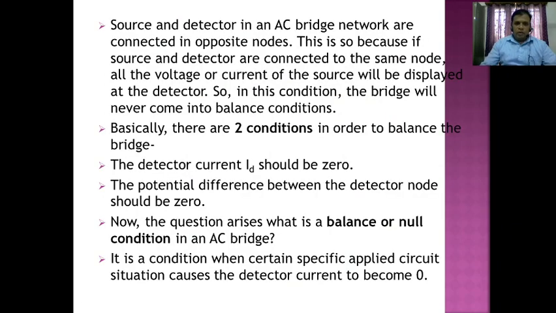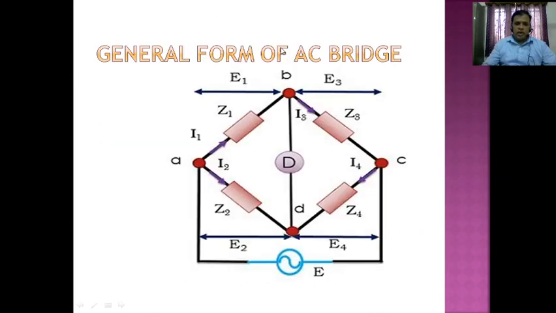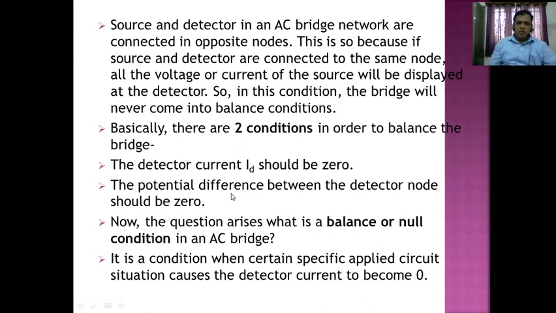Now we will see what are these things in the bridge present. So first is source and detector in an AC bridge network are connected in opposite nodes. Source as well as the detector, they are connected in the opposite nodes. This is so because if the source and detector are connected to the same node, all the voltage or current of the source will be displayed at the detector. So in this condition, the bridge will never come to a balanced condition.